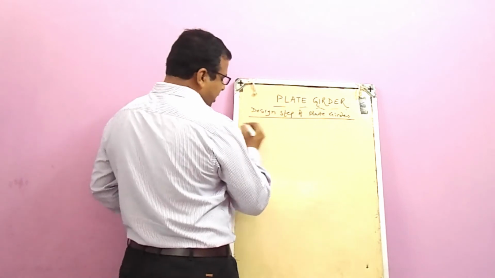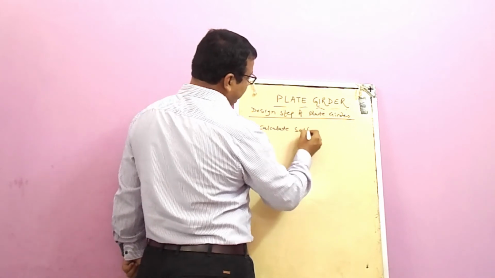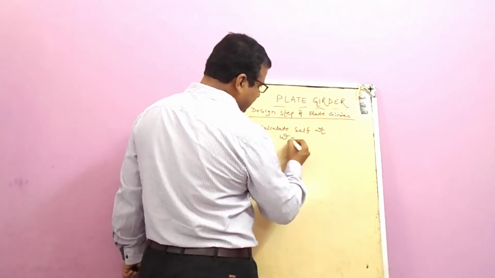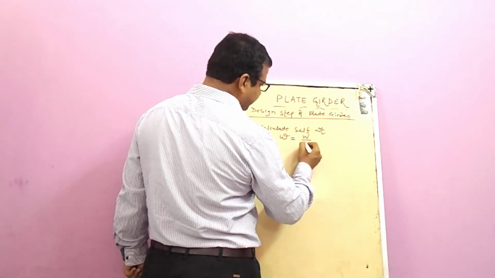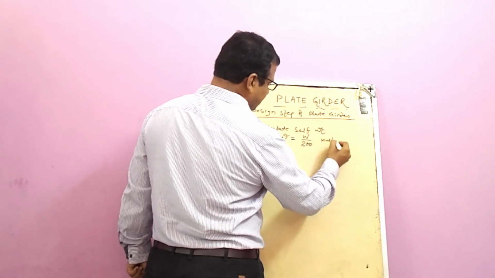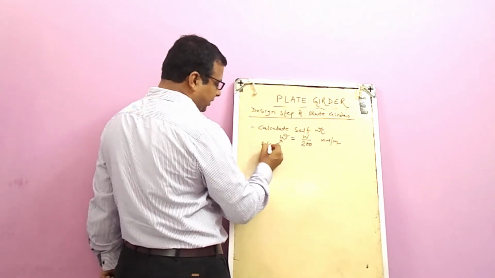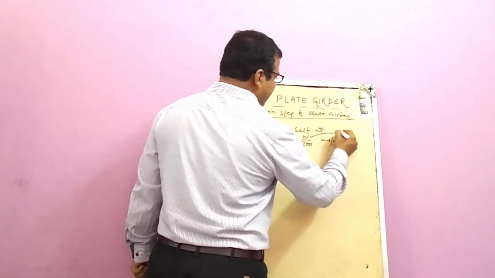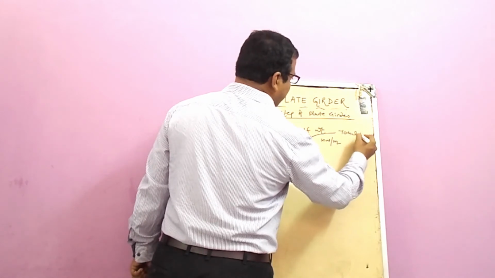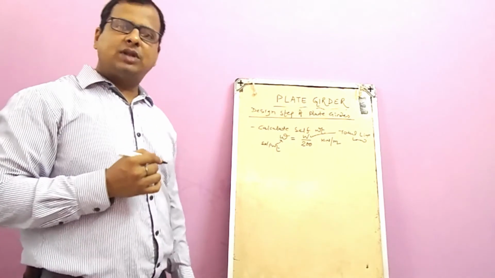First of all, we will calculate the self weight. Generally we use an empirical formula, where this is the self weight and this is the total live load. Okay, so in this way we can find out the self weight.